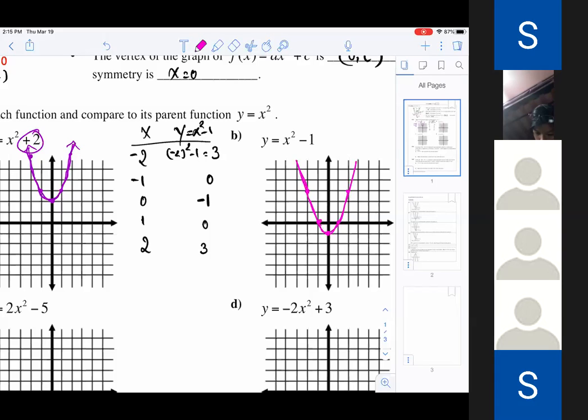Now listen, your graph should look like a U, okay, not like a V. So do not use straight lines or anything to connect the dots. It should be a curve, a smooth curve.